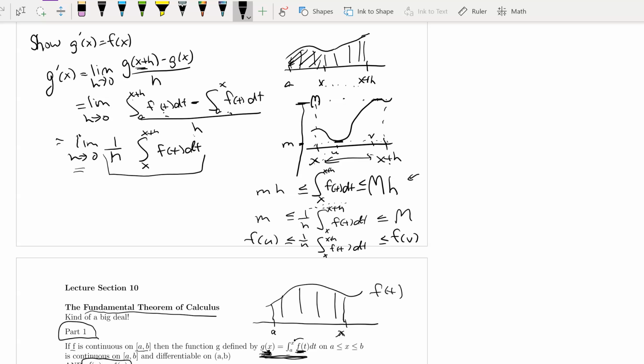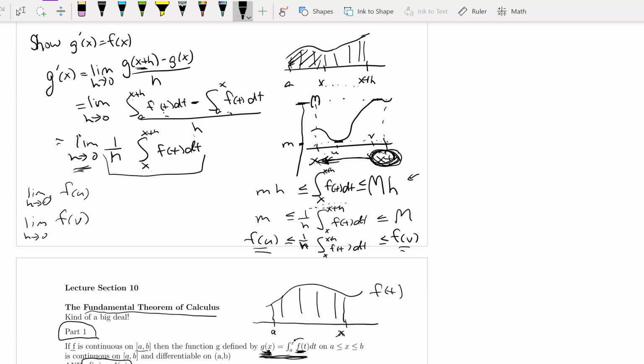All right, so how do we do this squeeze theorem? If I want to find out what this limit is, the one in the middle, what I do is I take the limit as h goes to 0, because that's what this problem says, of f of u, and I take the limit as h goes to 0 of f of v, right? These two outside functions. So let's see what happens. If I let h go to 0, and h is the distance between these two, it's like saying let this go here.